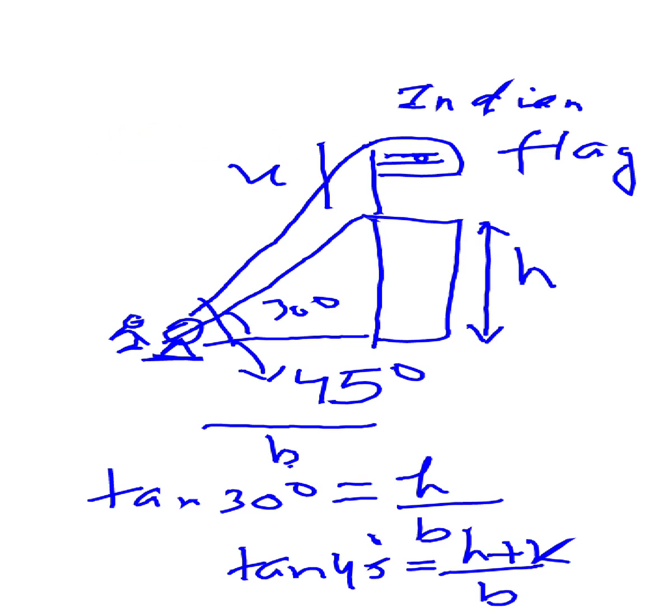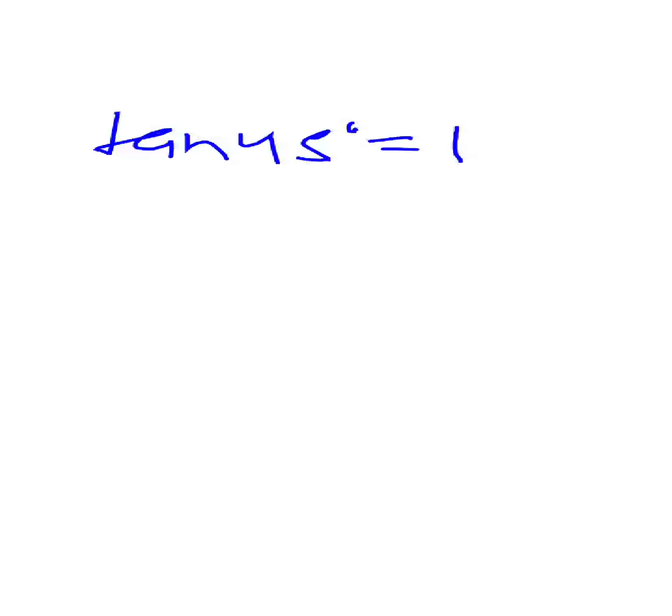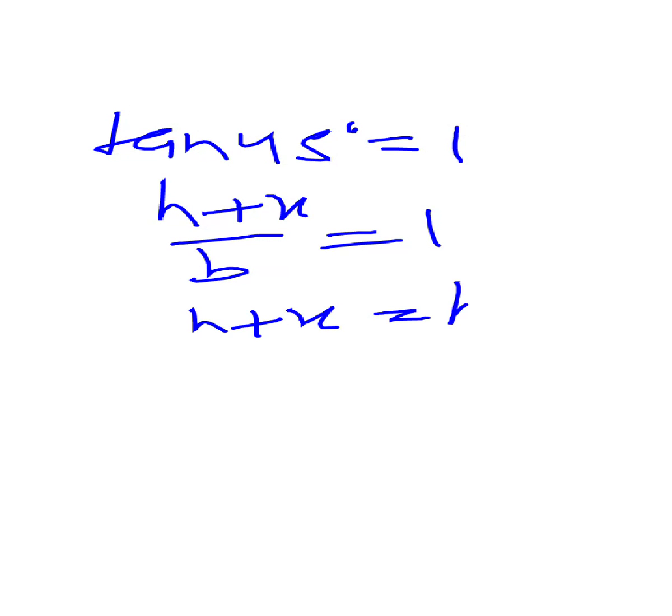For example, tan 45 is equal to 1, getting it, h plus x divided by b equal to 1, so h plus x is equal to b. Okay, so x is equal to b minus h, ये आ गया.